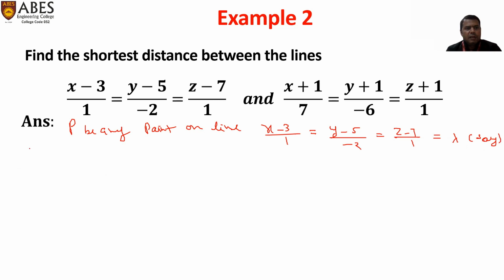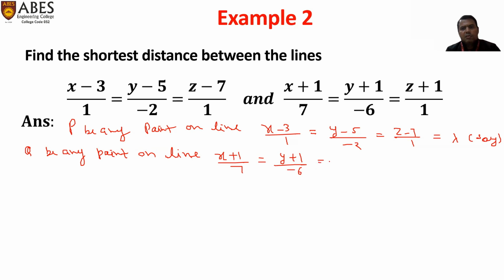Similarly, let Q be any point on line 2, that is (x plus 1) upon 7 equals (y plus 1) upon minus 6 equals (z plus 1) upon 1, and we take mu, say. So we find two points.